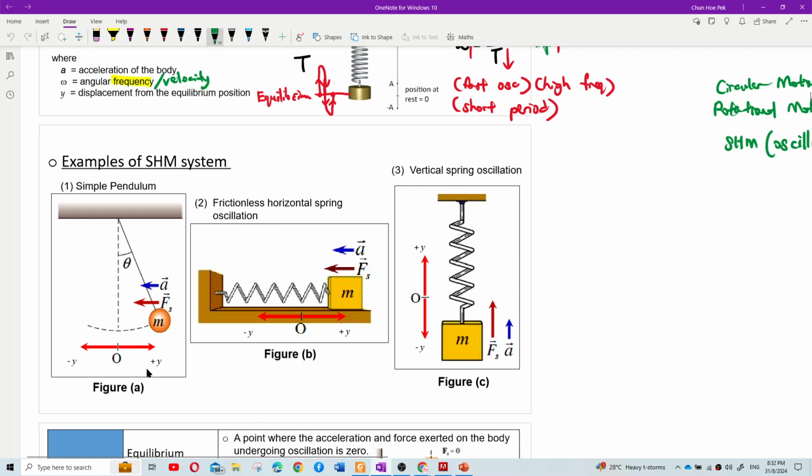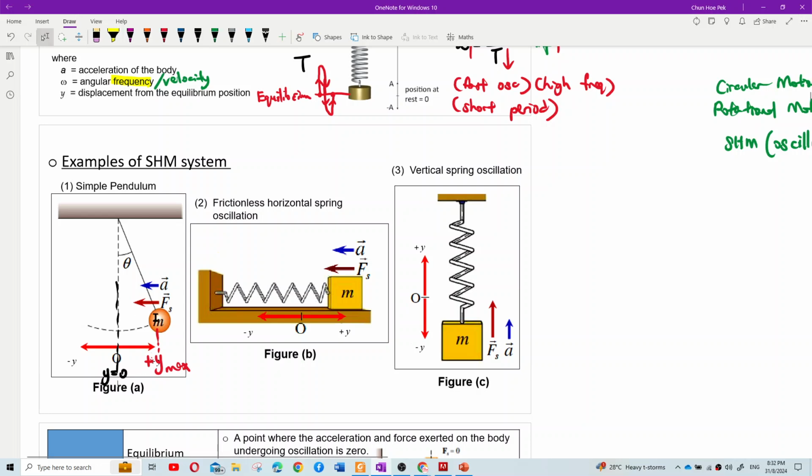So I can say here it has the positive y maximum, over here, right? Because at the center line, center is 0 displacement.